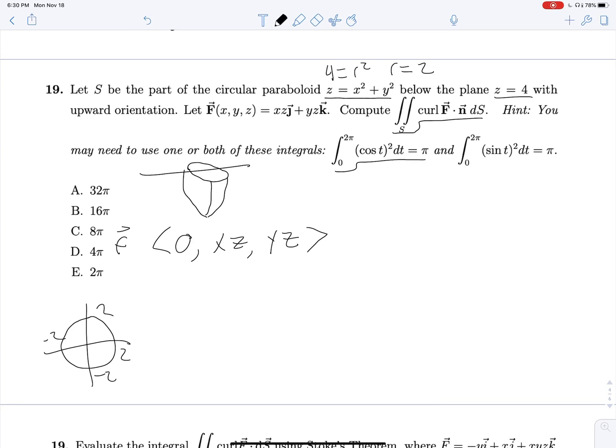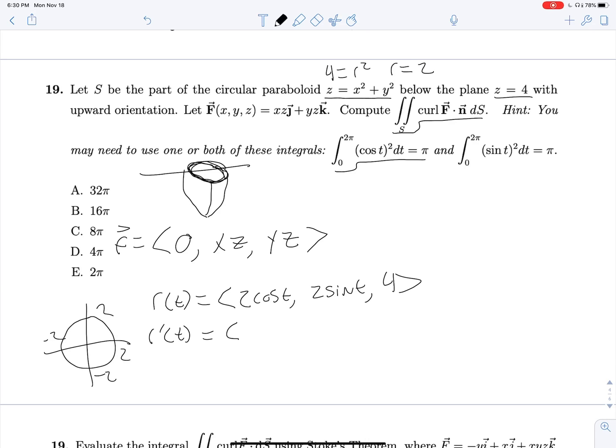Well, let's make sure we remember this is f. So our r of t, if we're looking at this kind of top path that our paraboloid is cut by, that's just going to be 2 cosine t, 2 sine t, and 4 for our z value. And then we know we'll need our r prime of t because we're going to be dealing with an f dot dr in the end.